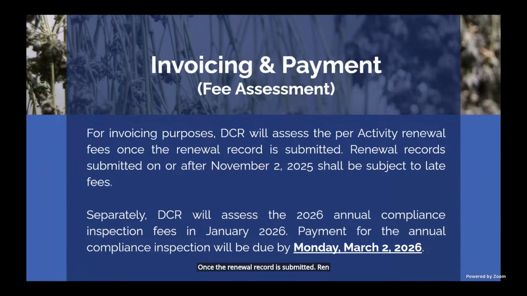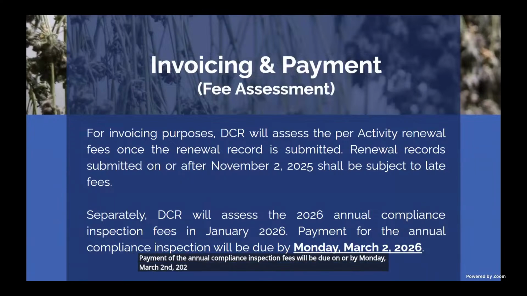Renewal records submitted on or after November 2nd, 2025 shall be subject to late fees. Separately, DCR will assess the 2026 annual compliance inspection fees beginning in January of 2026. Payment of the annual compliance inspection fees will be due on or by Monday, March 2nd, 2026.